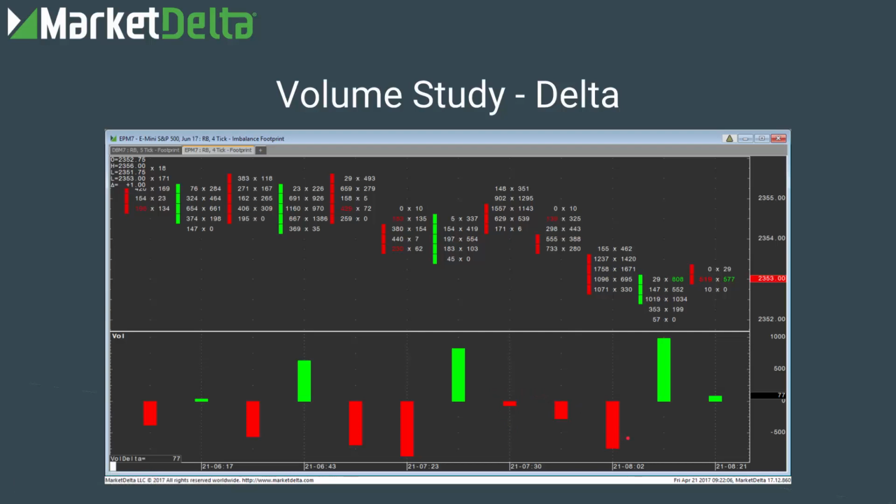So we're looking for confirmation. We're also looking for divergences. That's what the delta divergence does, that custom study that I'll show you at the end. It's looking for instances where we get a price move, but the order flow doesn't confirm it. That's a big warning signal and often a great trade opportunity.